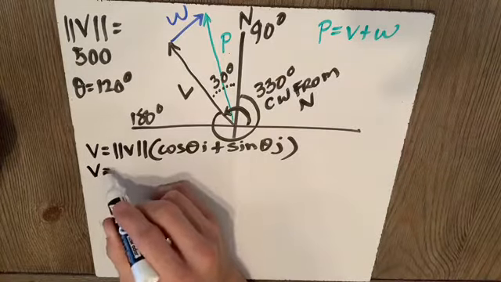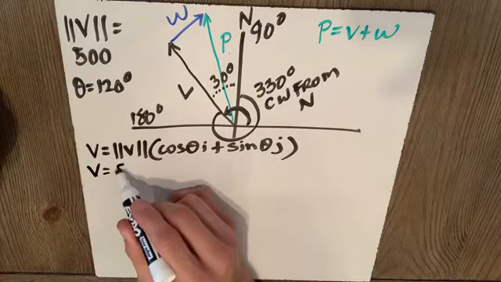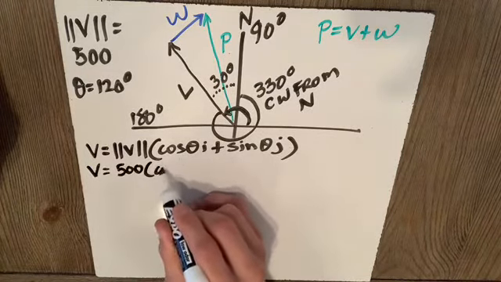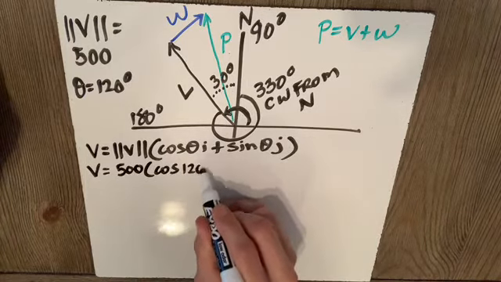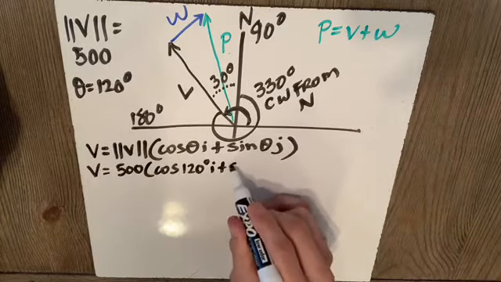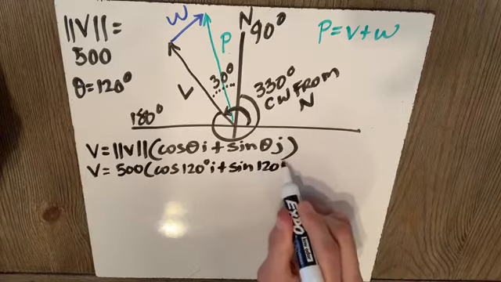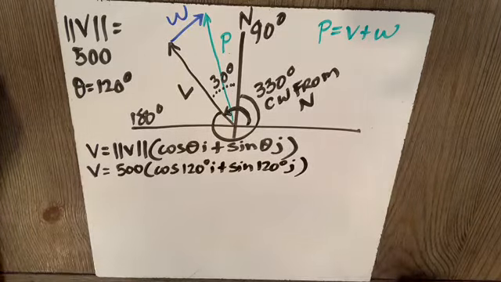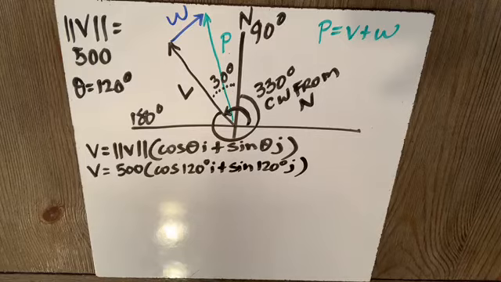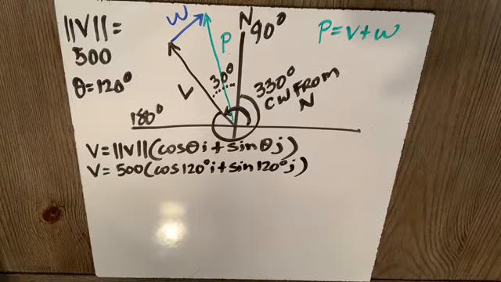So V is equal to 500 cosine 120 i plus sine 120 j. That's our V.